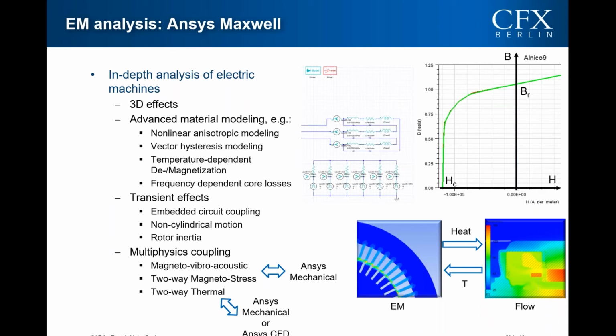The ohmic losses and core losses calculated in Maxwell are transferred as heat sources to the flow calculation. The resulting temperature field from CFD, which you can see here, can then be mapped back to Maxwell again. And that way we can iteratively approach the coupled solution.